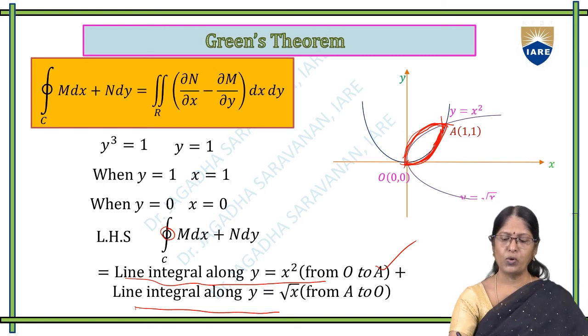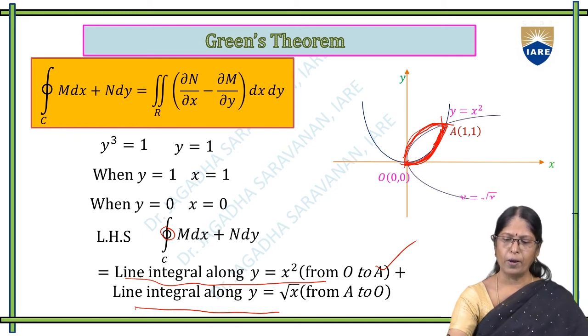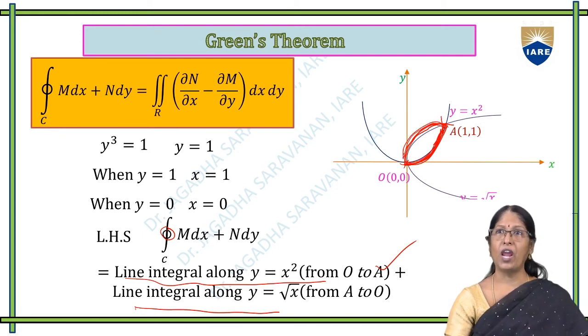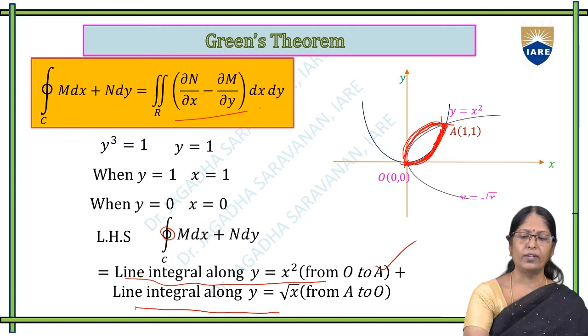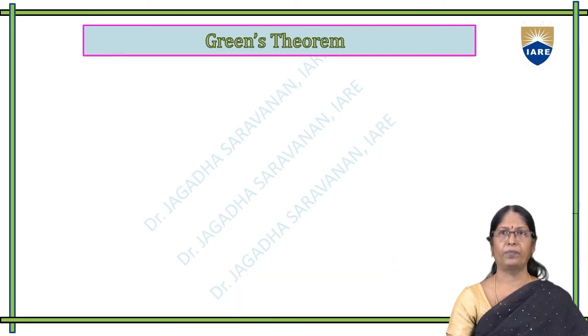Now these two integrals, OA plus AO, we have to calculate, and we must get the result we got on the right hand side. If both are equal, then Green's theorem is verified.